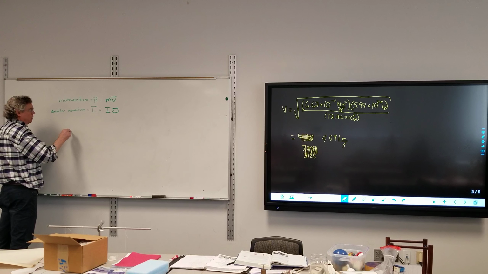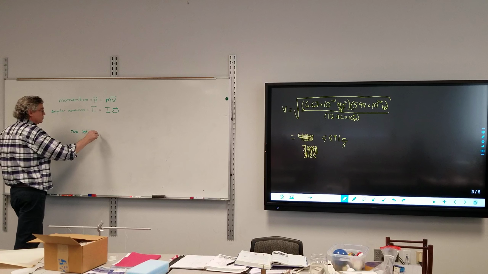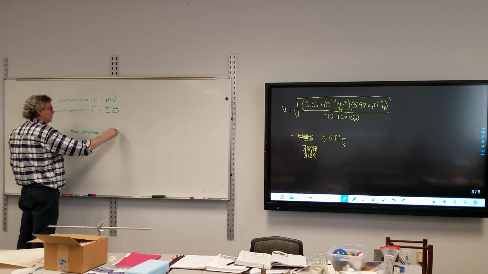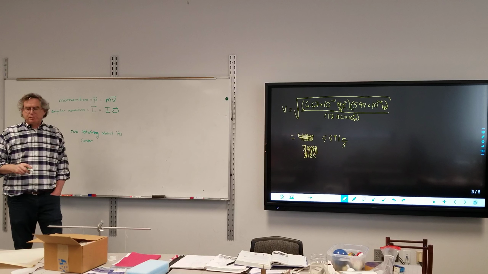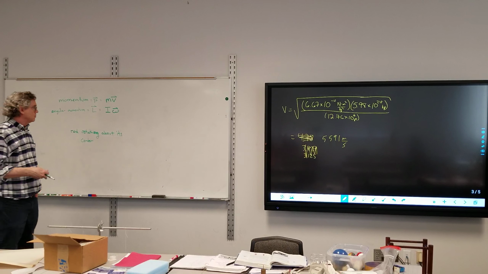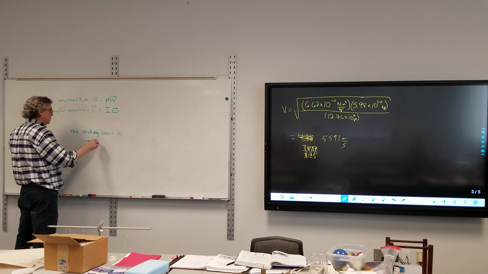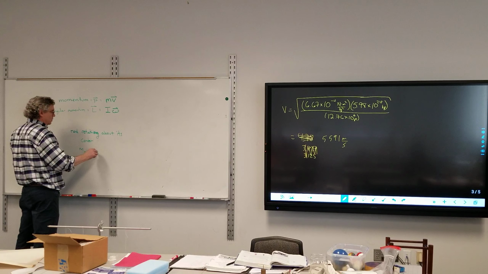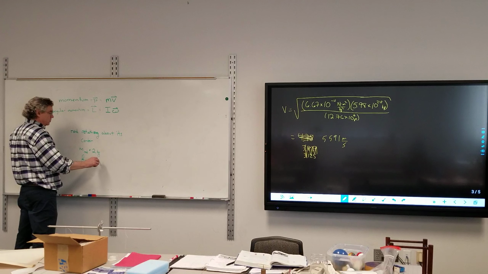So if I take a rod rotating about its center, we'll do a mass of the rod, 2 kilograms, and a length of the rod, say 3 meters long.